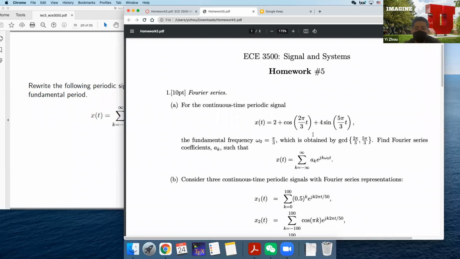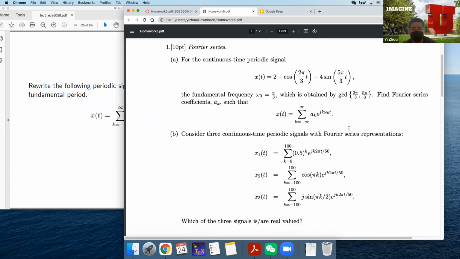First one, given this periodic signal, the fundamental frequency is given by looking at the GCD of these angular frequencies. Find the Fourier series coefficient a_k of x(t). Well, this is already in the sinusoidal form, so you just leverage the inverse Euler's formula. That's simpler.